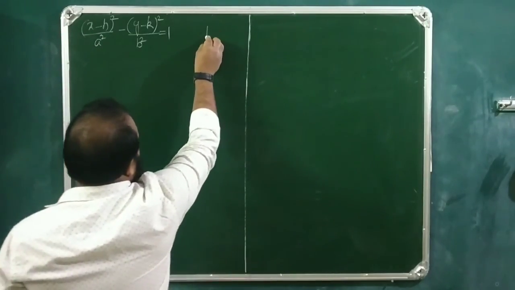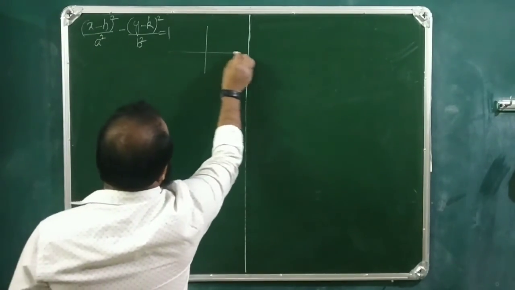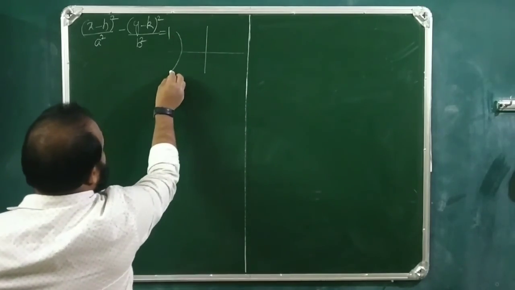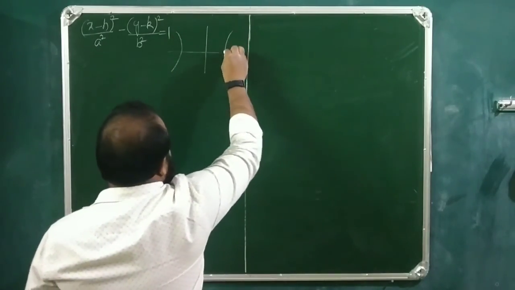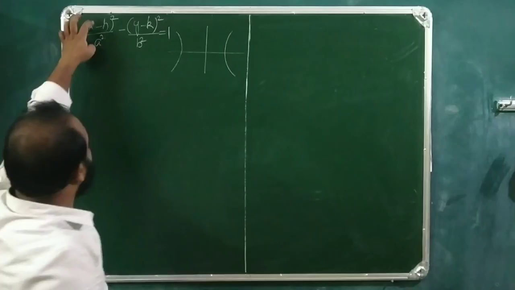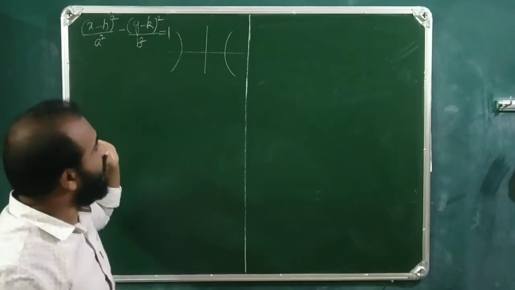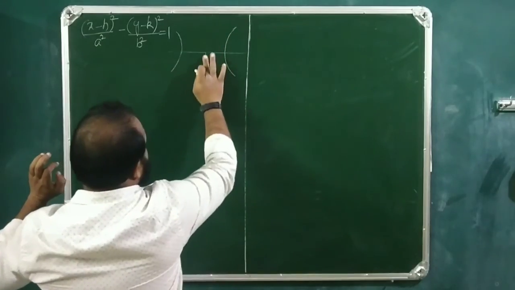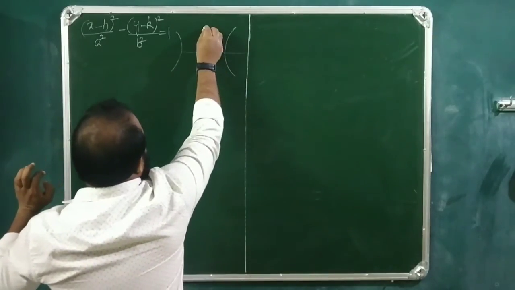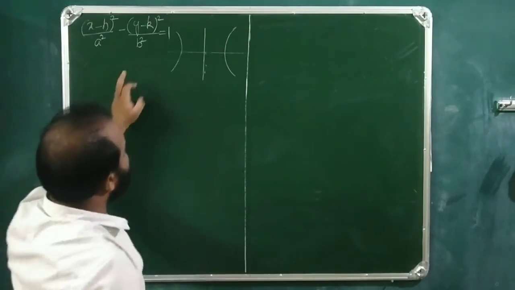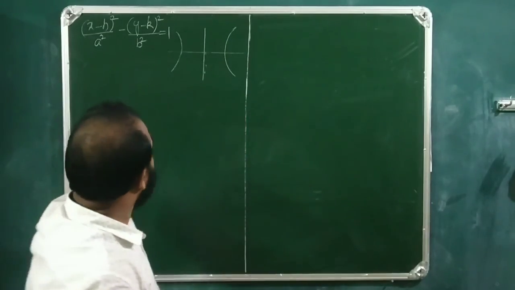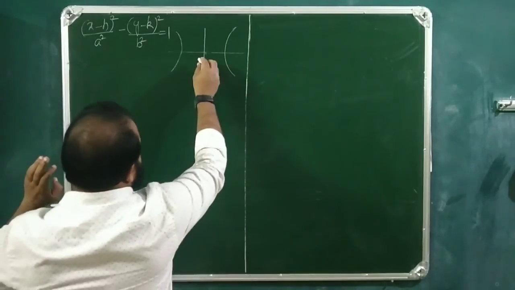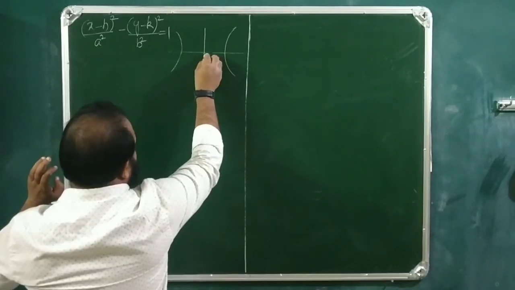Earlier the hyperbola x square by a square minus y square by b square equals 1, whose transverse axis is the x-axis, had its center C at 0, 0.